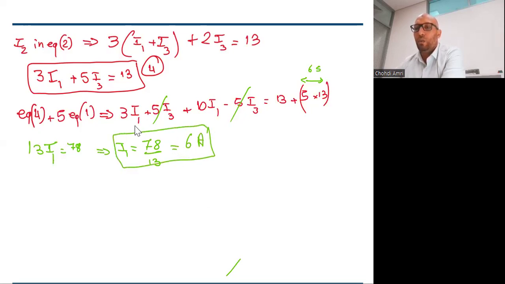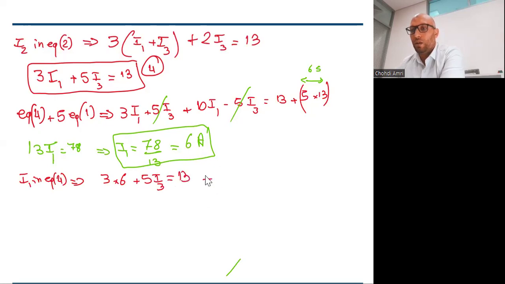We are done. Now we can put I1 in equation 4, and we're going to get 3 multiplied by 6 plus 5 I3 equals 13. We're going to get I3 equals 13 minus 18, so minus 5, divided by 5.